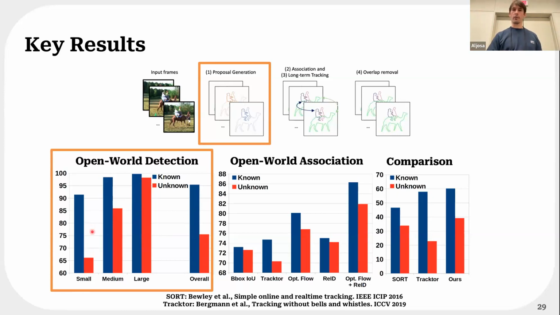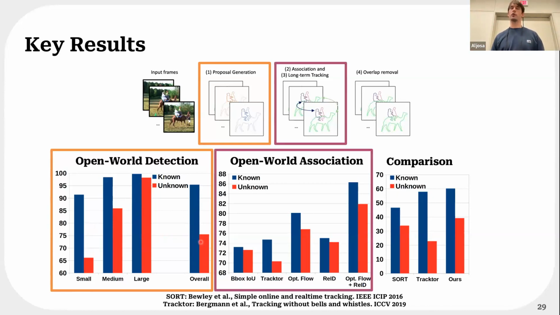Moving on from here, we studied what is the right way to associate proposals, right? This is quite different compared to what other folks in tracking are studying, for example, pedestrian tracking in the MOT Challenge, where you're associating the detections that come from a reasonably good object detector, right? So this is actually much more challenging. What is interesting is that we came down in the end to a very simple recipe.